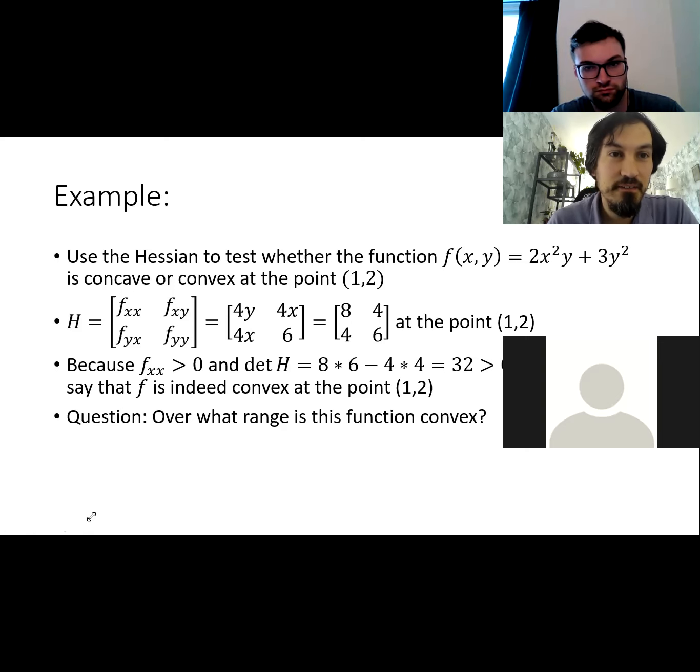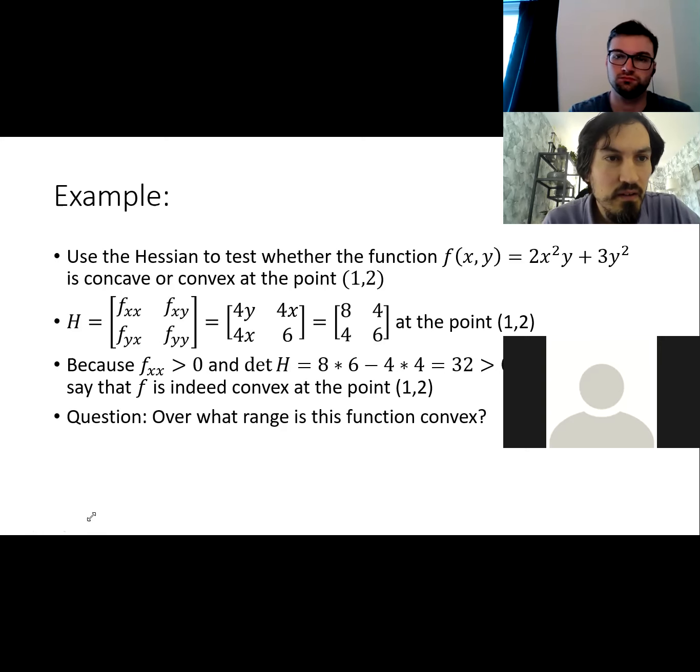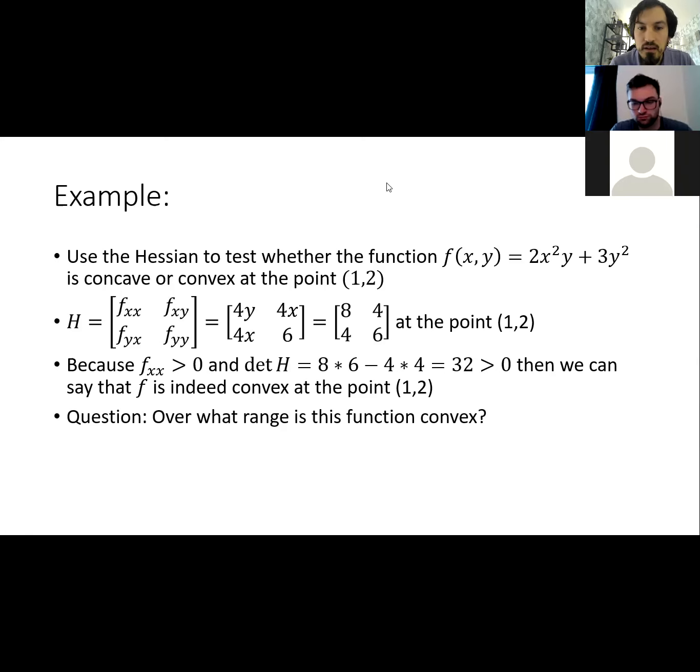Kai, you have an answer? Yeah, so since f of x is 8, which is above 0, it has to be convex for it to be above 0.